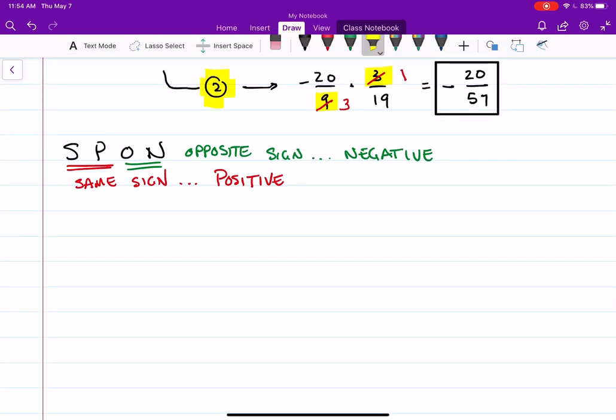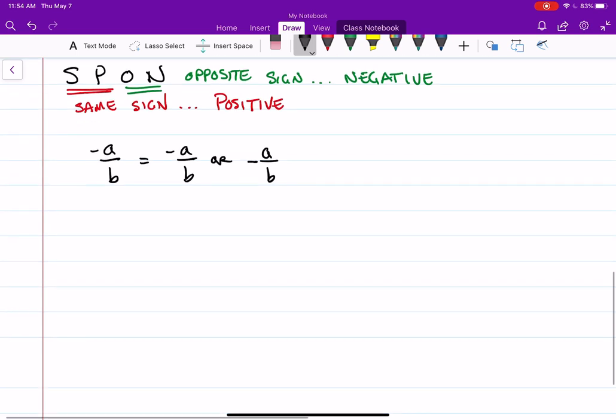In other words, if I had a negative A divided by a positive B, it's still going to be a negative A over B, or I can also write it as A over B with a negative in the middle, okay? It doesn't go with top and bottom. It's just either in the middle or not, okay? So these mean the same thing.